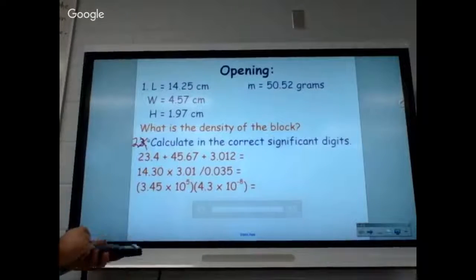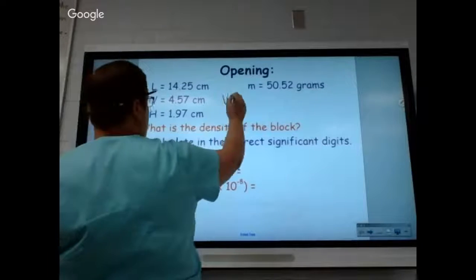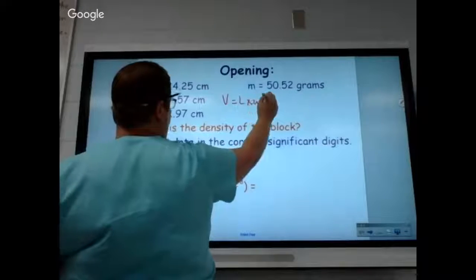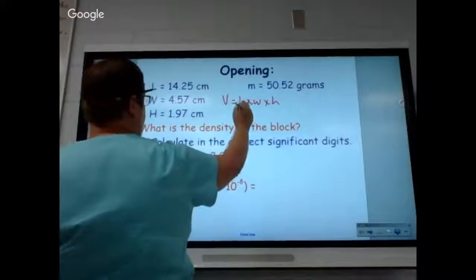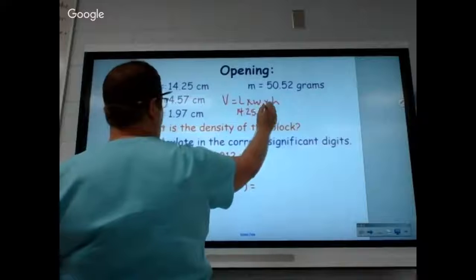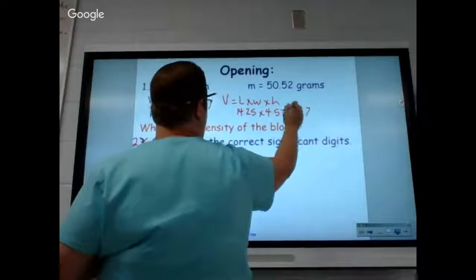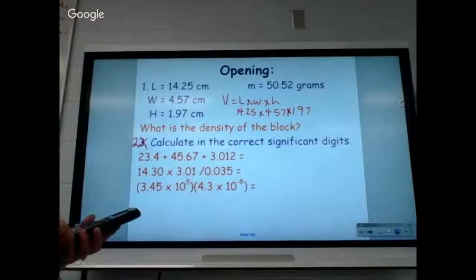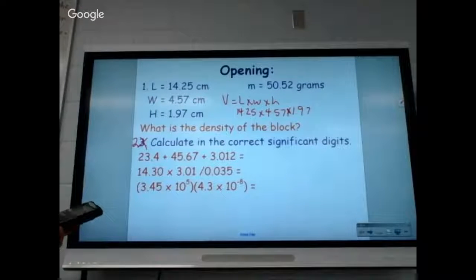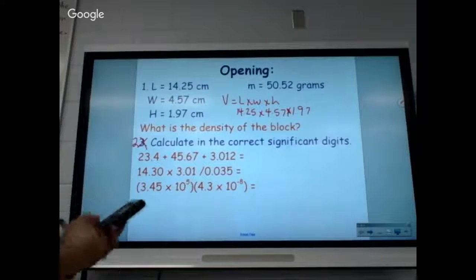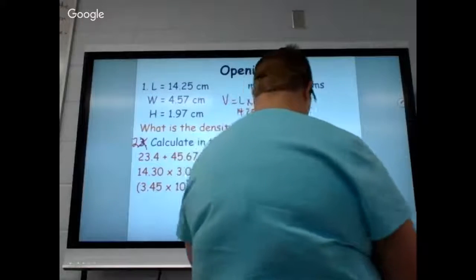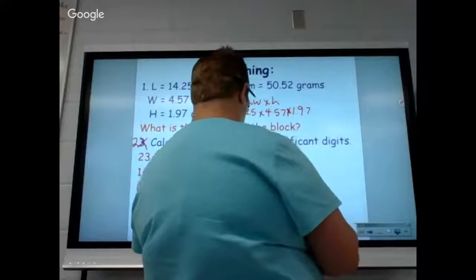All right, so volume equals length times width times height. We said 14.25 times 4.57 times 1.97, and I got some giant answer with a whole bunch of decimal points on my calculator.